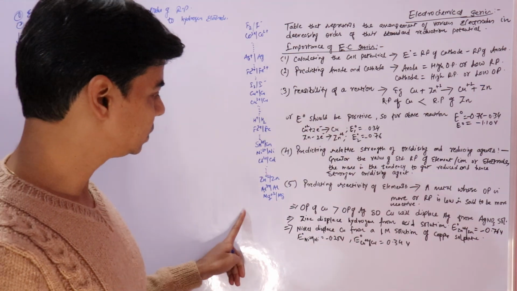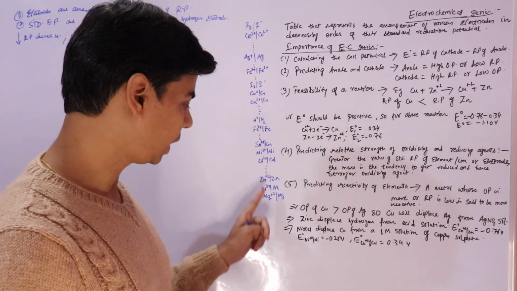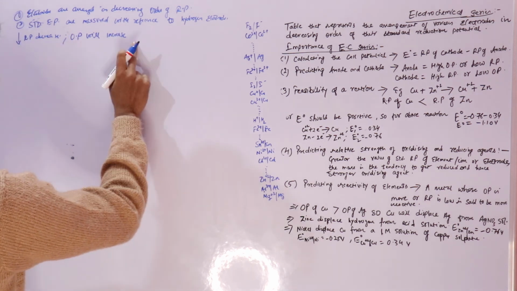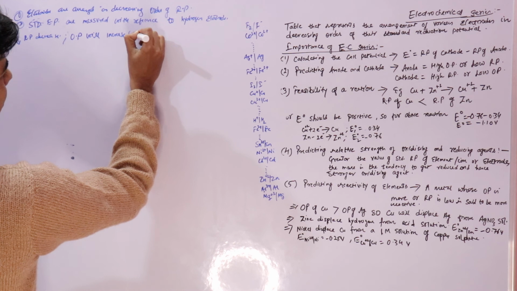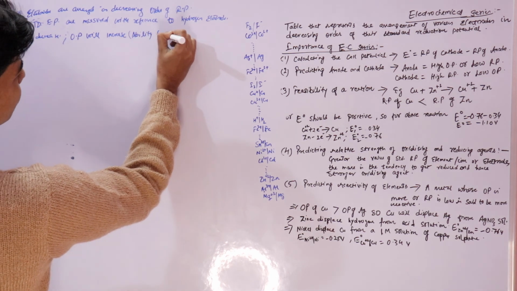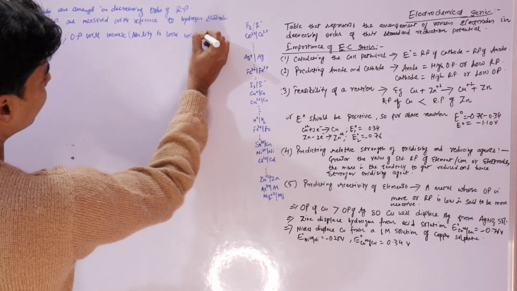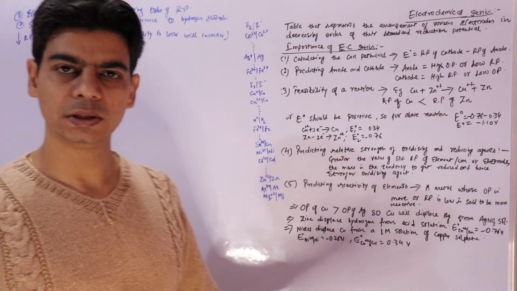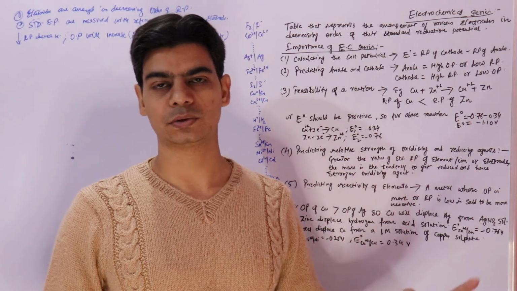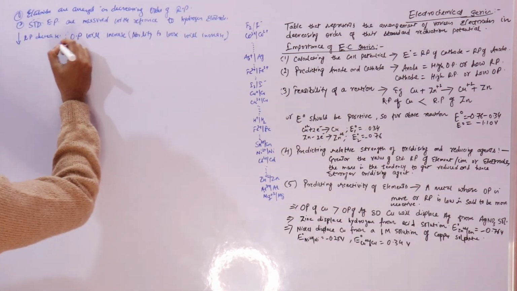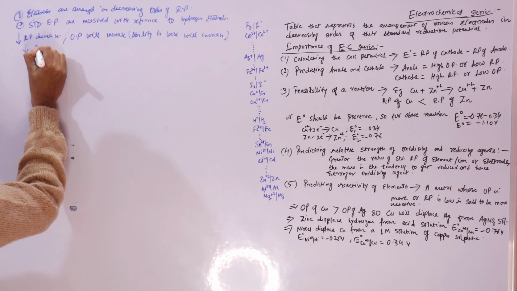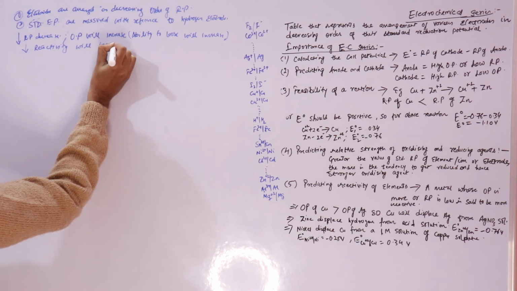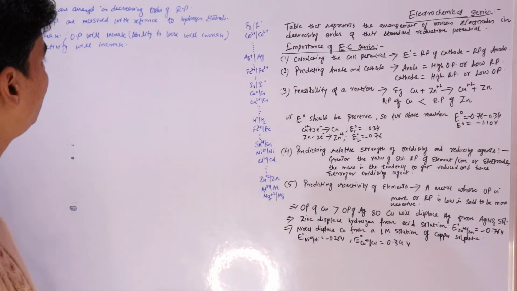So as you move down the series, the ability of metals, ions or electrodes to lose electrons will increase. When the ability to lose electrons increases, that means the metal or ion or electrode is more reactive. So we say as you move down the series, reactivity will increase.